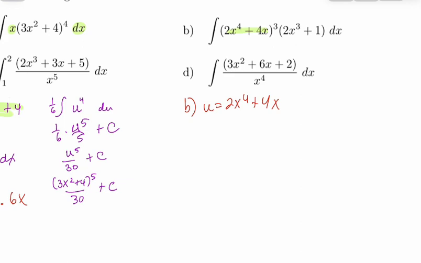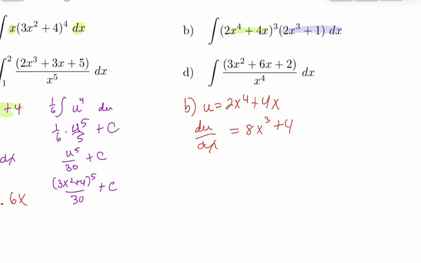Now, remember what we need. We need the 2x cubed plus 1 dx to be something that is in our substitution. So du is going to be 8x cubed plus 4. Now, if we compare that with what I've highlighted in that purple color, what could we divide 8x cubed plus 4 by to turn it into what we see in purple?